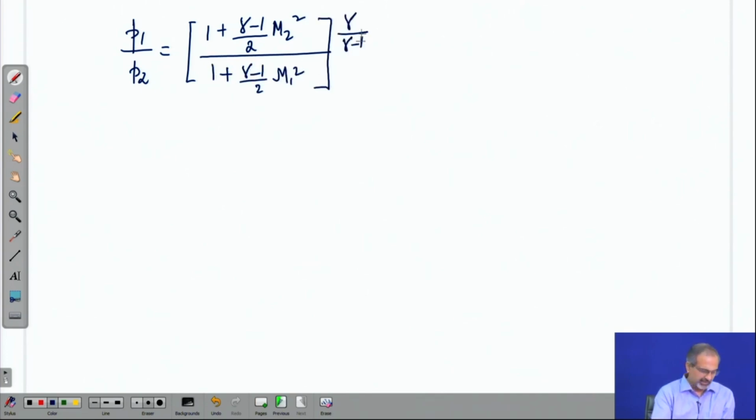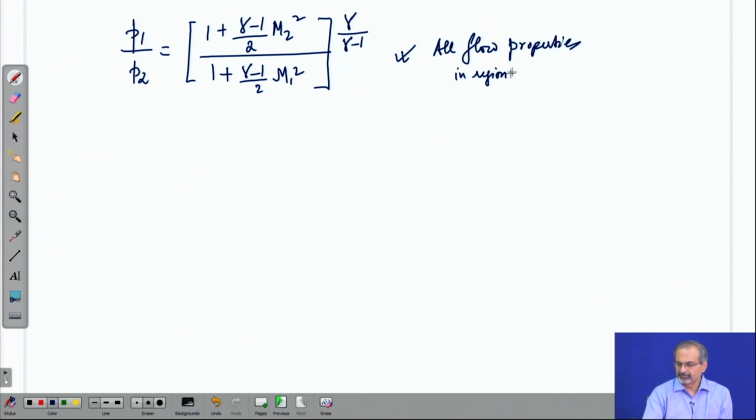Only difference is in the index, as you can see. That means, all the properties, all flow properties in region 2 are now easy to obtain. Which means, basically you have solved the flow field across a Prandtl Meyer expansion fan.